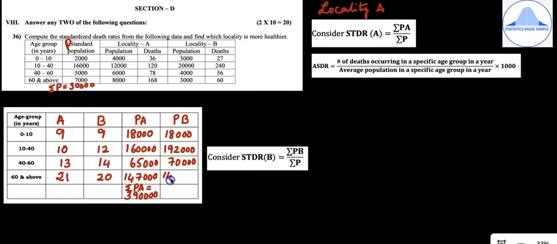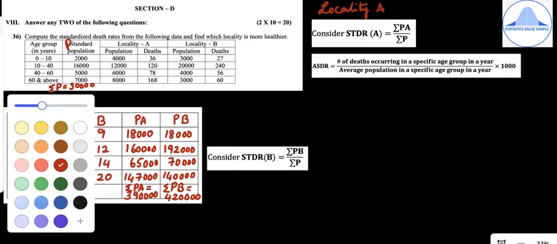Then we have 1,40,000. Then find out the total summation PB, which is 4,20,000.